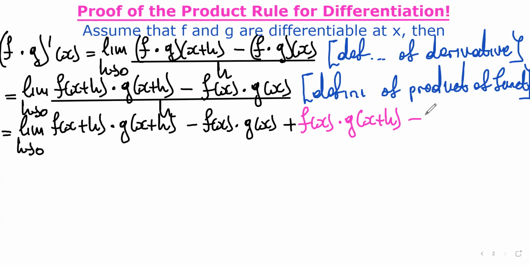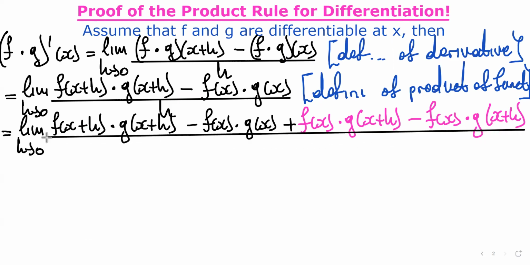But of course, if we add it, we have to subtract it as well for the reason that I just mentioned, right? And then we say, well, this entire thing is just going to be divided by h. So this is what you say. Now, when you justify this step, you'll tell them that you add and subtract the term f of x times g of x plus h.